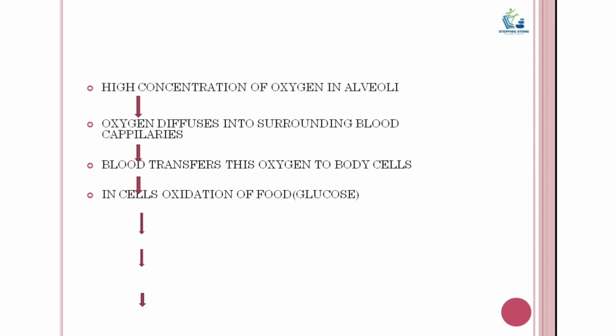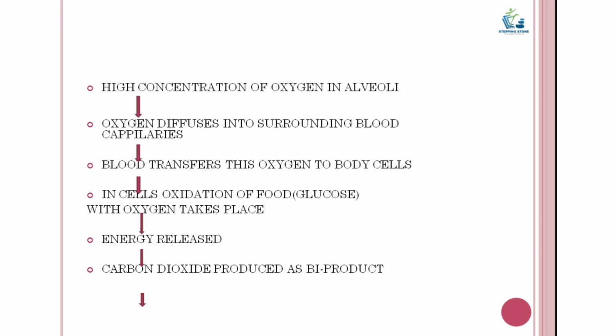Now in the body cells, oxidation of food, that is glucose, takes place with the help of oxygen, and due to this oxidation, energy is released in the form of ATP molecules. Carbon dioxide is produced as a byproduct. Now the concentration of carbon dioxide becomes higher in the body cells than in the blood.